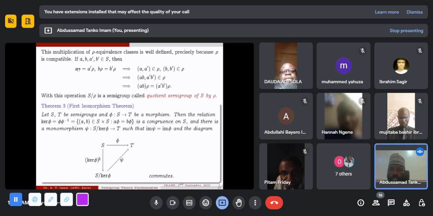Because if one is taking two equivalence classes, equivalence classes are referred to by the generating element or the representative of the equivalence class.